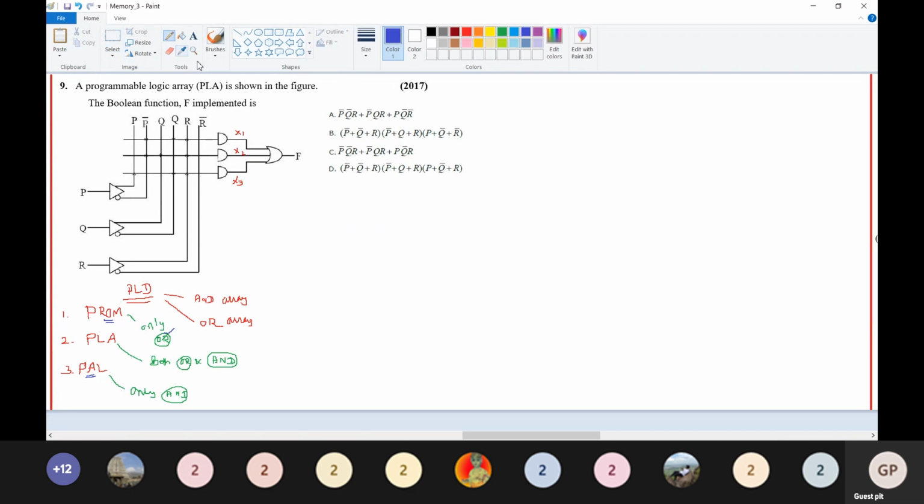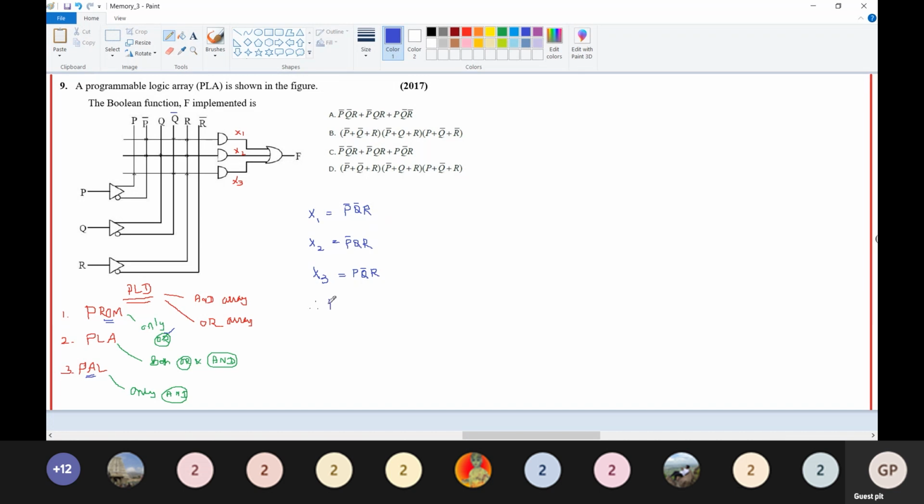Now from this we are going to write the product terms. x1 is nothing but, see here, p' q r, and x2 is equal to p' q' r, and x3 is equal to p q' r.